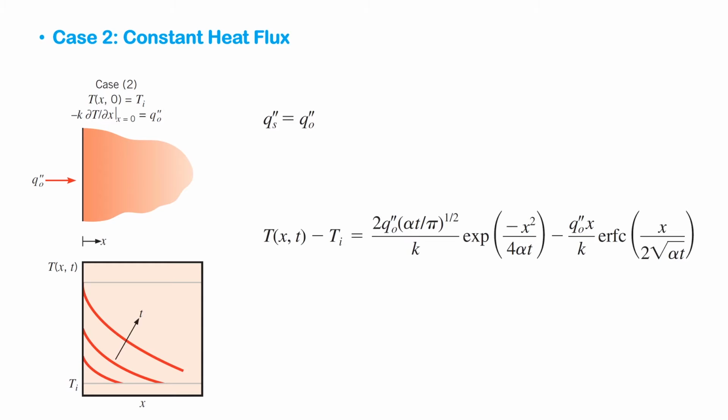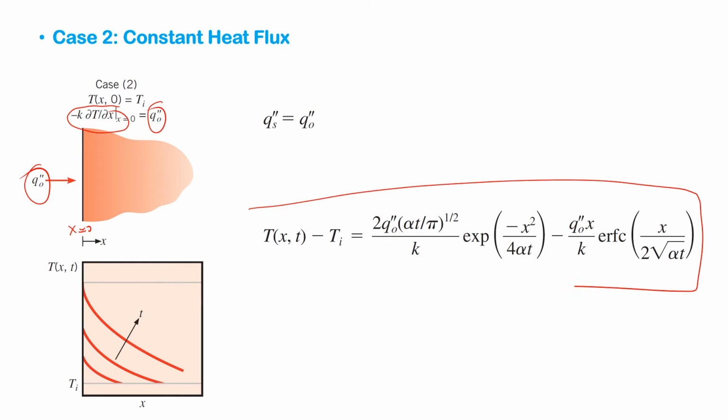In case 2, we have a constant flux. The second boundary condition, when x equal to 0, is that we have a constant flux equal to the conductive flux. The analysis will look similar, however satisfying the boundary condition will be much trickier. I'm not going to show you the steps, but I'm going to show you the final solution when you have a constant flux on one side of the semi-infinite object.